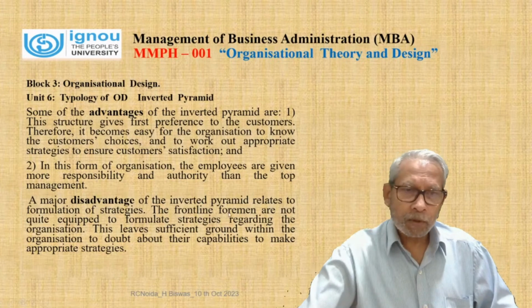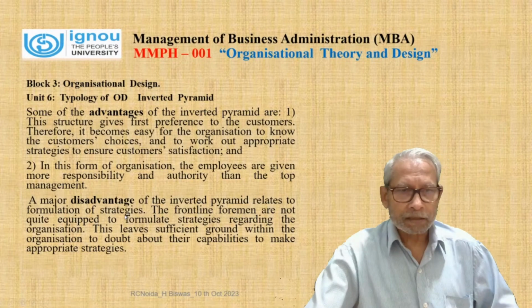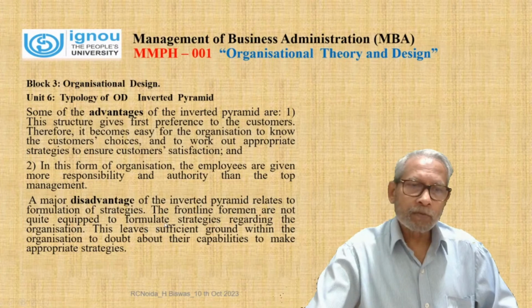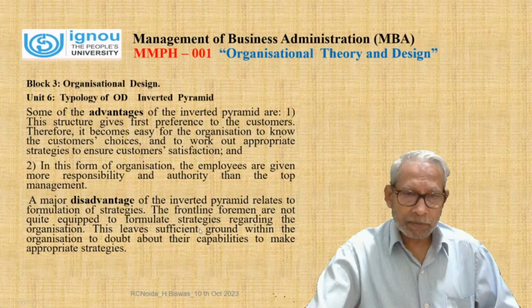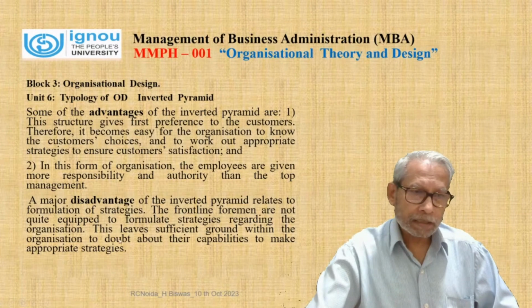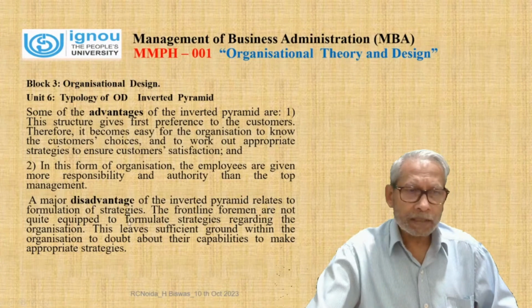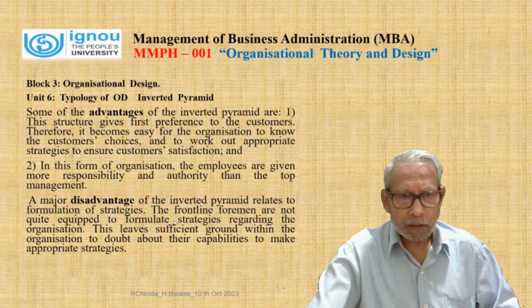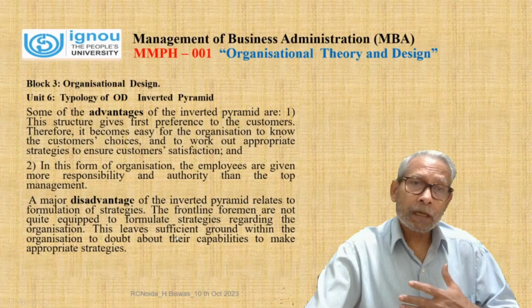The disadvantage is that the inverted pyramid relates to the formulation of strategies. The frontline foremen are not quite equipped to formulate strategies for the organization. So this leaves sufficient ground within the organization to doubt their capabilities. In other words, the frontliners, who directly deal with the customers, must have some decision-making capability.